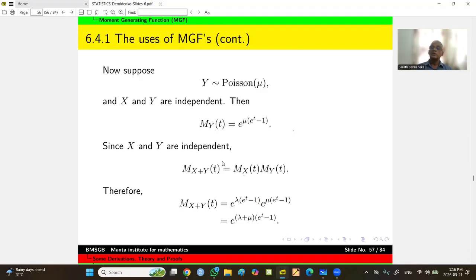Suppose X has an exponential lambda distribution, Y has an exponential mu distribution, and suppose X and Y are independent. Then X plus Y will not have an exponential distribution with rate lambda plus mu. If you say like that, that will be wrong. You cannot argue like that.